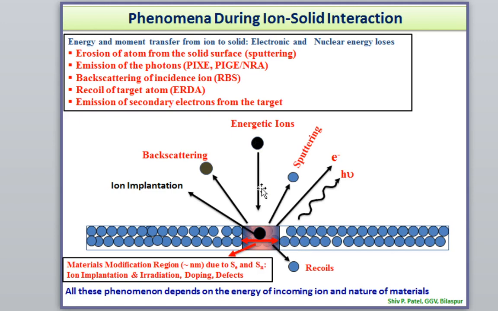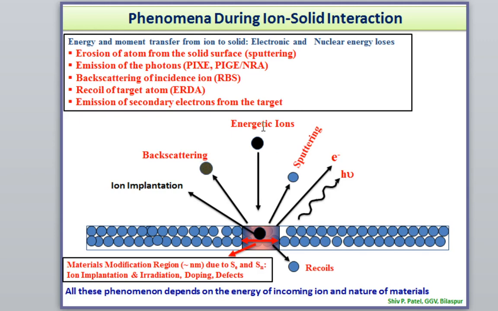Means when it is coming and colliding with the target atom, the possibility is that this energetic ion, after hitting the target atoms, can move in a backward direction. That phenomenon is known as back scattering. If we catch these back scattered atoms and measure the energy, then this gives a technique that is known as the Rutherford back scattering technique. So this is the basic principle of Rutherford back scattering.